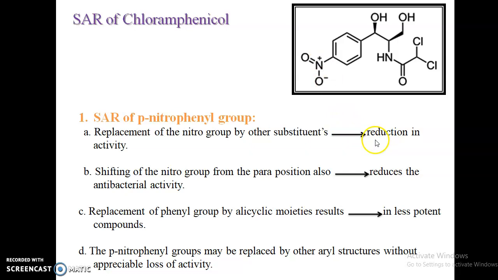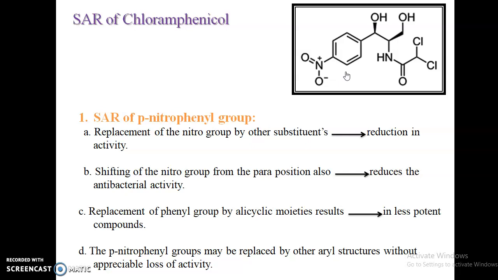Which type of activity? Antimicrobial activity. The second point is shifting of the nitro group from the para position; if we shift this nitro group from the para position to the ortho or meta position, then it also reduces the antibacterial activity.